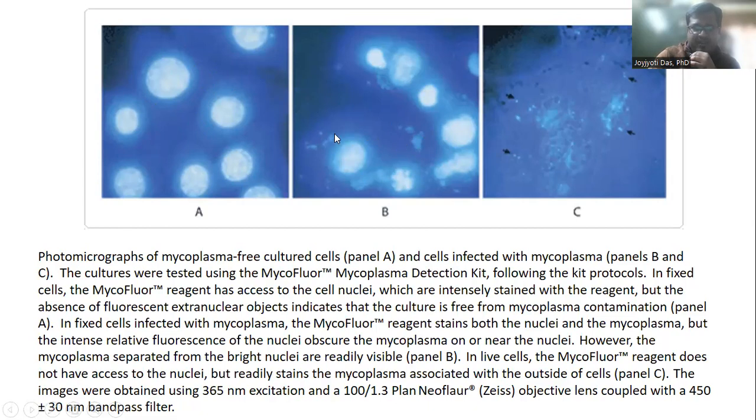What that indicates is the presence of some contaminating microorganism having its own nuclear material, which the MycoFluor has stained, and they appear as small blue dots. That indicates the presence of mycoplasma.